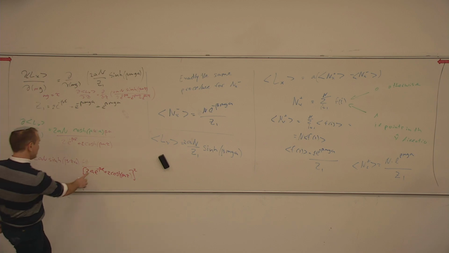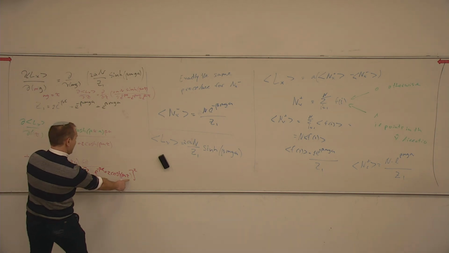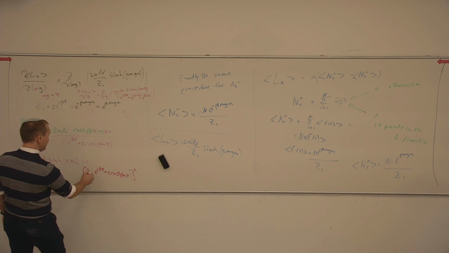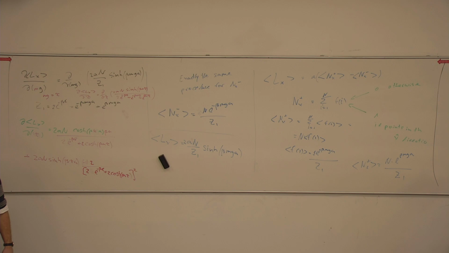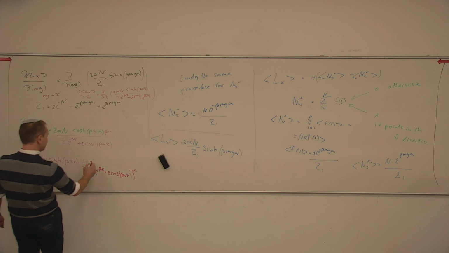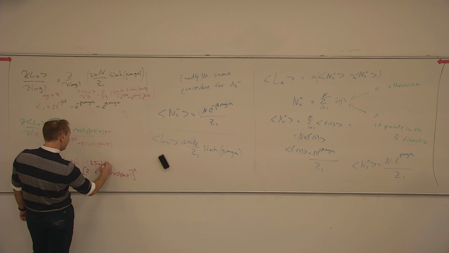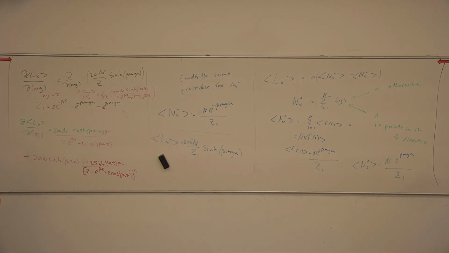Do we have an a? We don't have an a over here. And what we have inside is just the derivative of 2 cosine. What is the derivative of hyperbolic cosine? Sine. 2 hyperbolic sinus of beta a tau multiplied by beta a. Okay. So this is the nasty expression that we have.